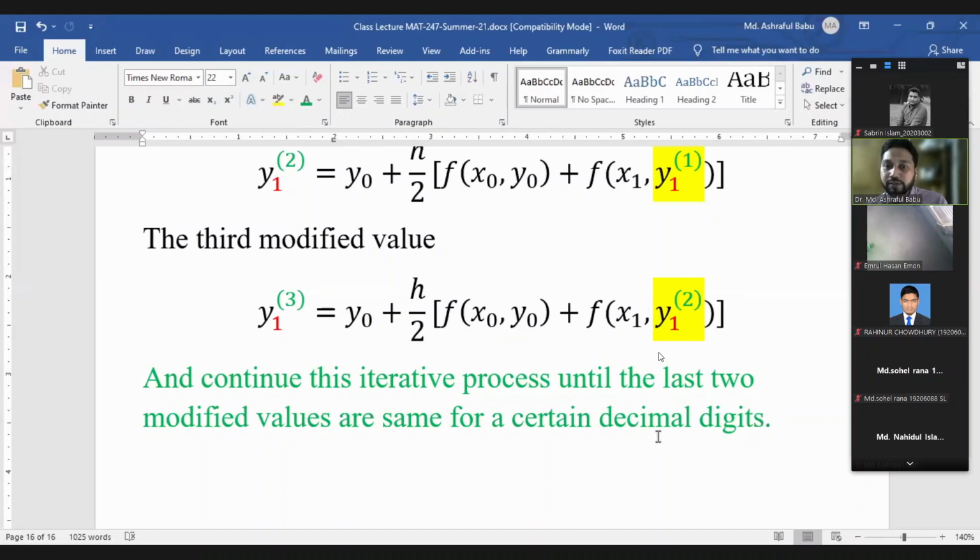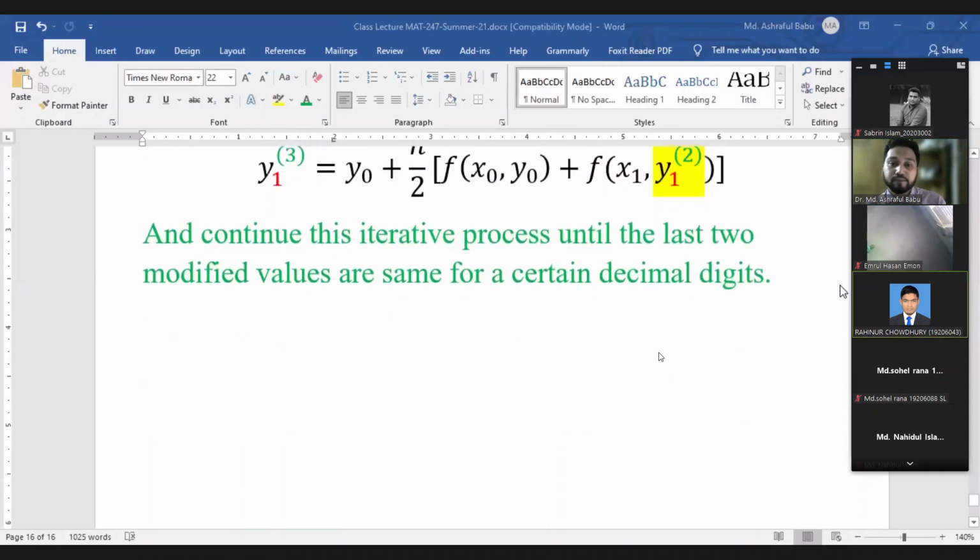You have to continue this process until the 4 decimal places are the same. If it is mentioned as the 3rd decimal point, you check that the 3rd decimal point is the same, then we stop. Otherwise, we continue. You get this point? Yes, sir, got this point.